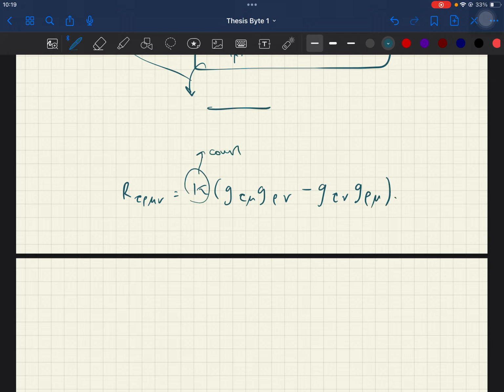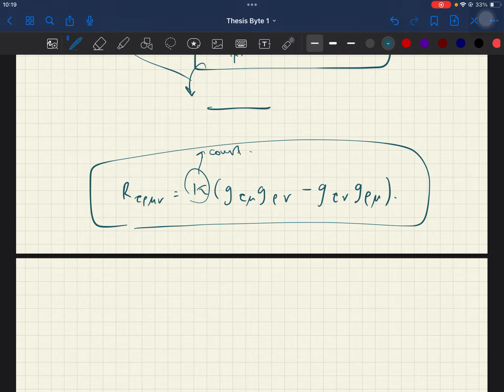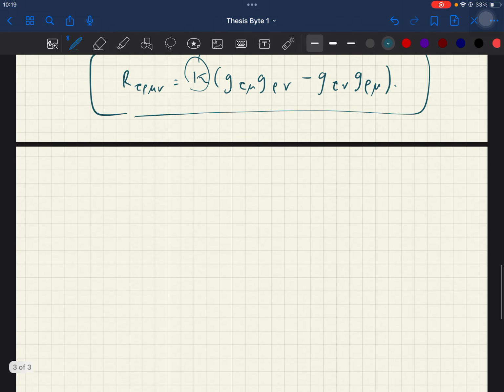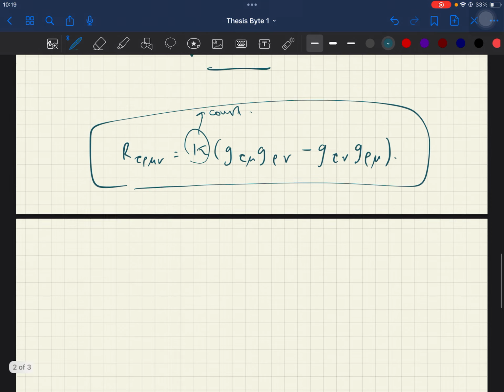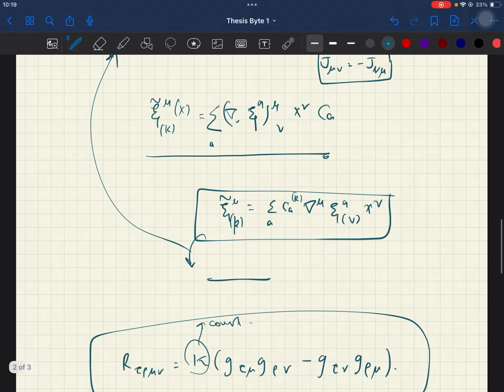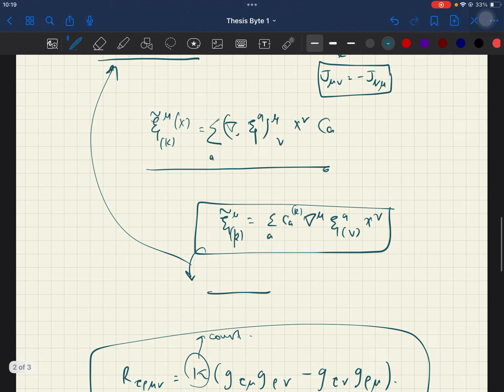It's a constant. It takes this form, and I wanted to derive this. So during that derivation, there are many things involved again, but it's mostly work. Let's see, how did we do it?